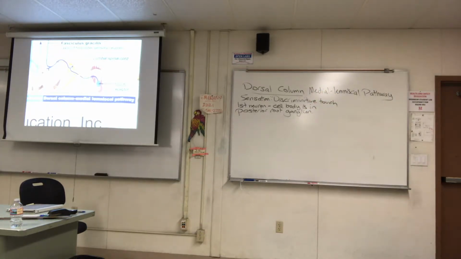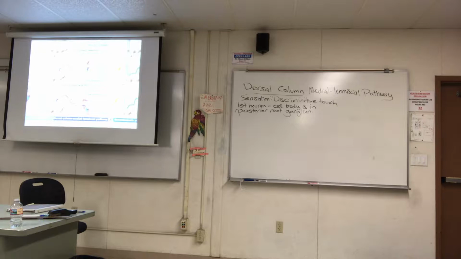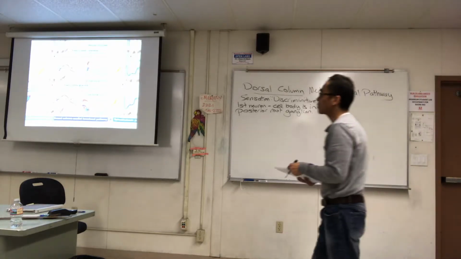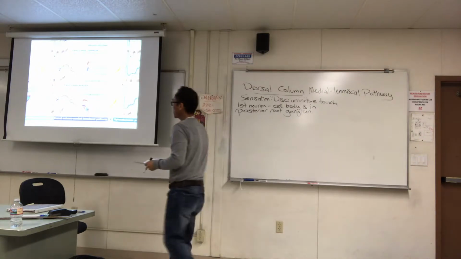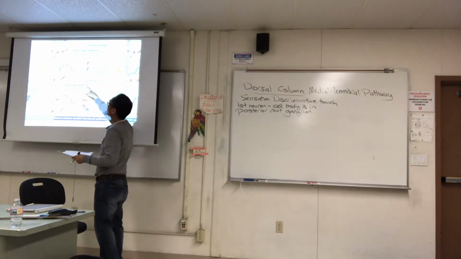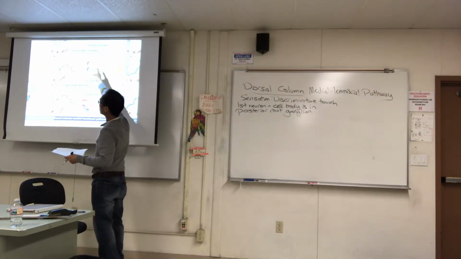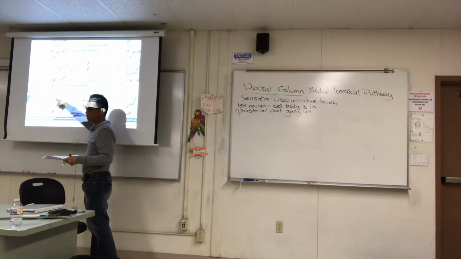Now, there's a couple terms there as that extends. It depends. If it's information from the lower limb or information from the upper limb, it's going to use one of two pathways, either the fasciculus gracilis or the fasciculus cuneatus in the dorsal region here.